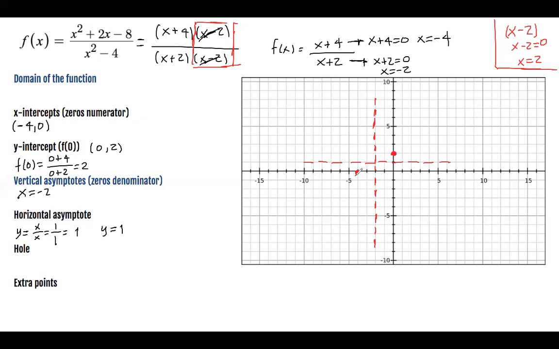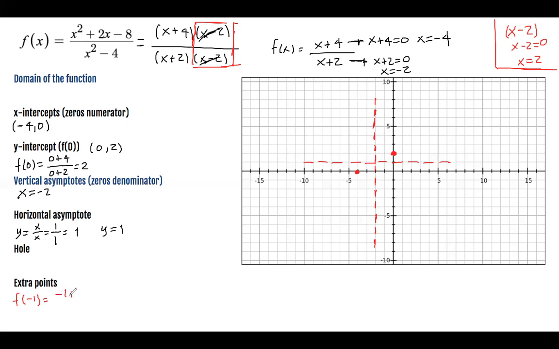And now we're just not going to settle for those. We're going to use a few more values. We're going to try to get a more accurate graph. So I'm going to use a few extra points. I'm going to use f of, let's say, minus 1. And I'm going to substitute it into the simplified version of the function.